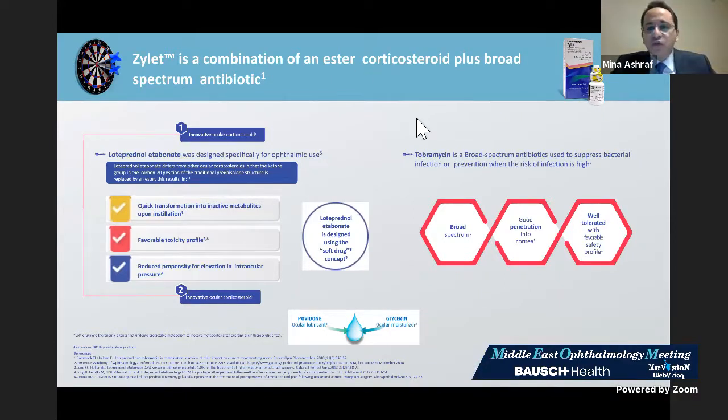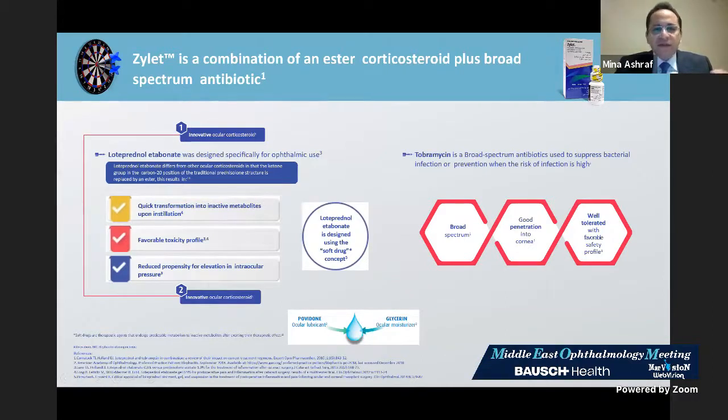In addition there is tobramycin, a broad-spectrum antibiotic used to suppress bacterial infection or for prevention when the risk of infection is high. Tobramycin has good penetration into the cornea, is well tolerated, and has a favorable safety profile. In addition to loteprednol etabonate and tobramycin, Xilit also has povidone and glycerine, which are ocular lubricants and moisturizers to improve ocular comfort and moisture.